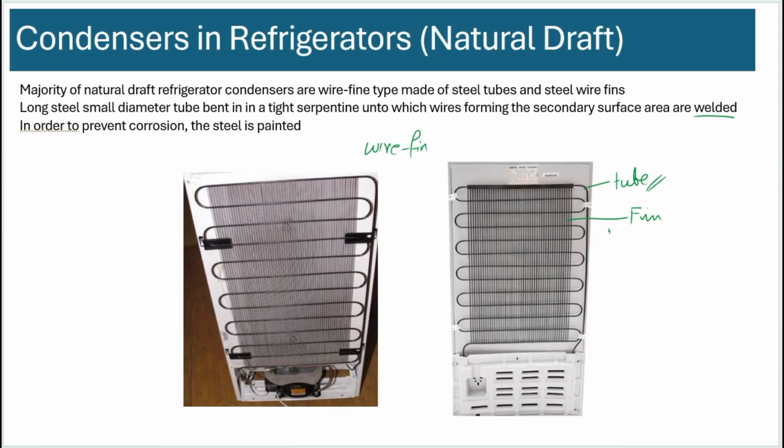So this fin is wire fin, okay? It's just a straight wire, and usually it's steel. And if it doesn't have a fan and it's just attached to the backside or the inside of a refrigerator, inside wall, it's called natural draft condenser.